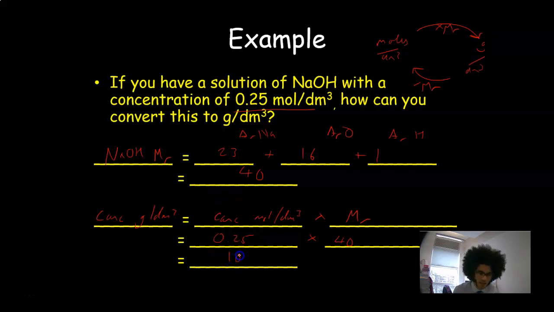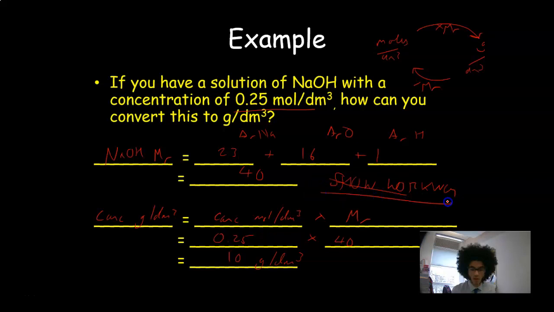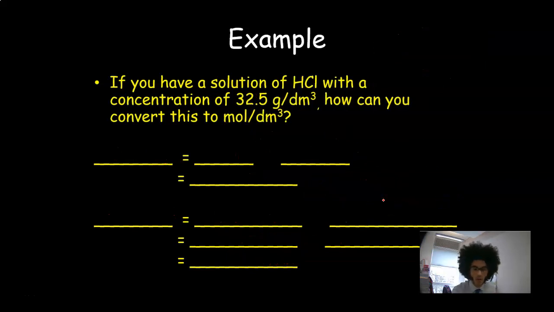So it would be 10 grams per decimeter cubed. That's how you would do it. It's simply multiplying the concentration by the MR. Always show your working though. Don't take a shortcut here. Doing that really pays off. Really important.